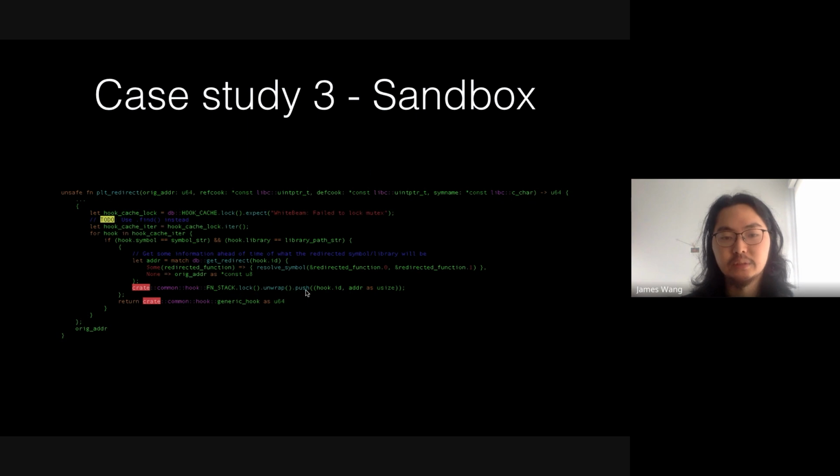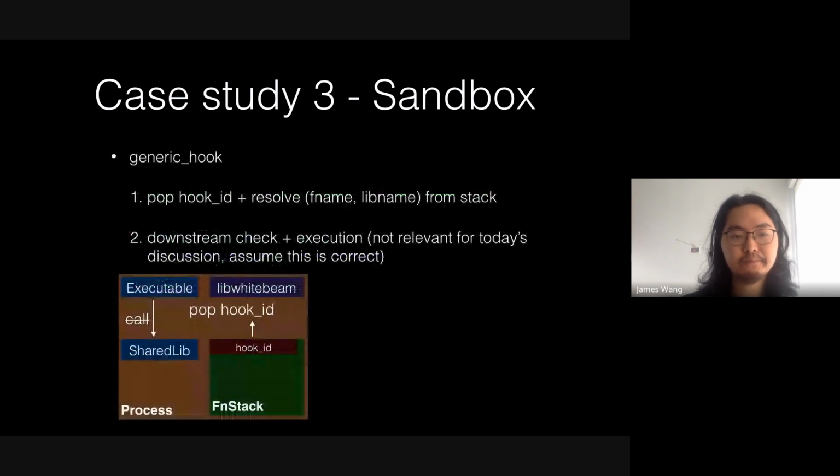So we're hooking the function and pushing it. Then we're going to call the generic hook function here. This is basically returning the generic hook as the result function, and we're going to call it.